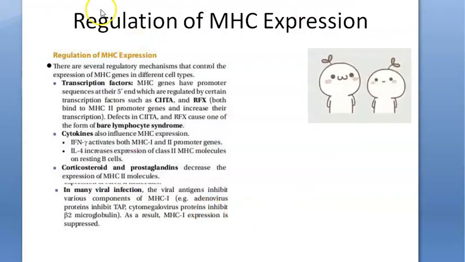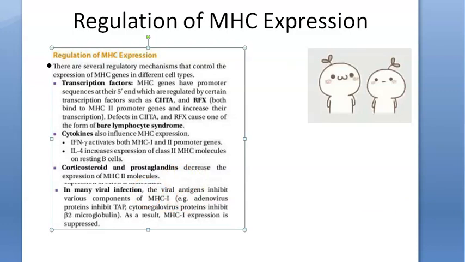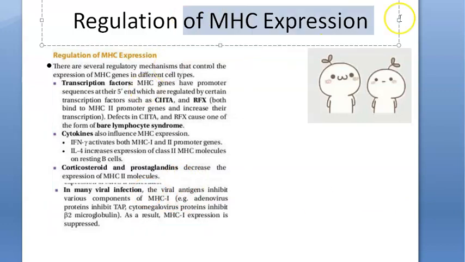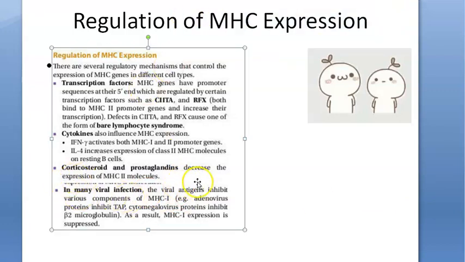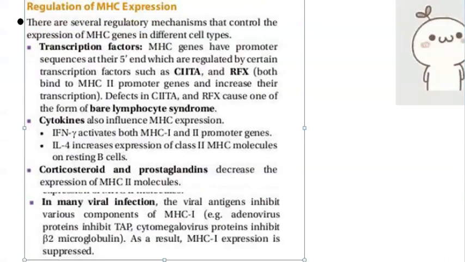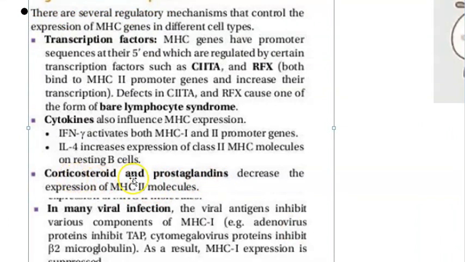So guys, that is why, before giving a kidney to you, they will give you immune suppression. Why? Because you can see here the regulation of MHC expression. If you take steroid or prostaglandin, it will decrease the expression of these molecules. So corticosteroids and prostaglandins decrease the expression.